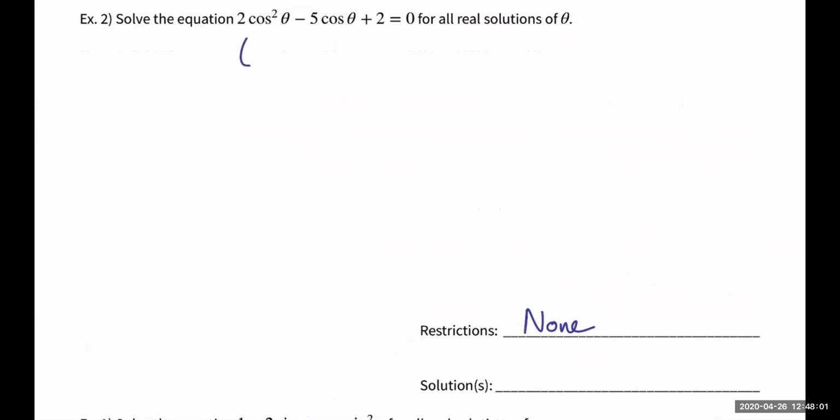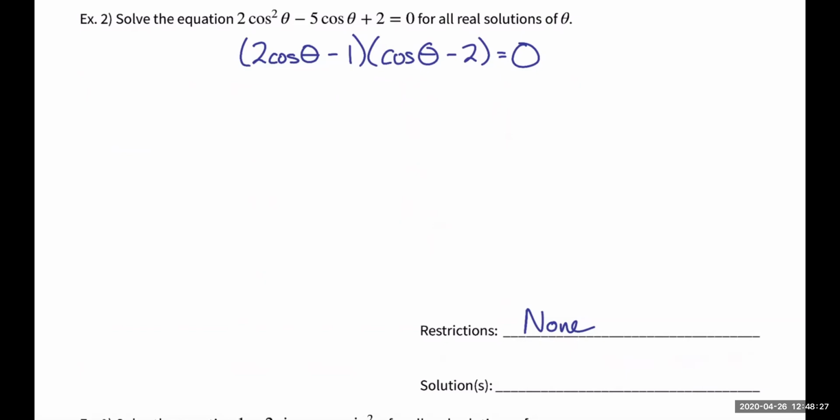So as we factor, that means that 2 cosine of theta minus 1, right? We're not using x, we're using cosine of theta. And then cosine of theta minus 2 is equal to 0. Right, I really do hope that you're picking up on this, that it's essentially the same as quadratic factoring.